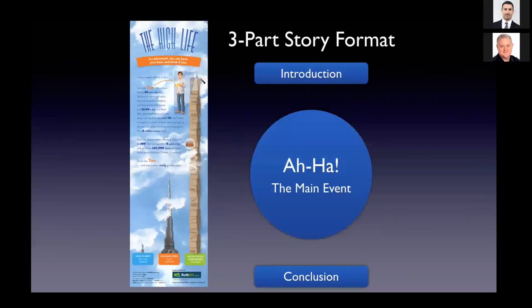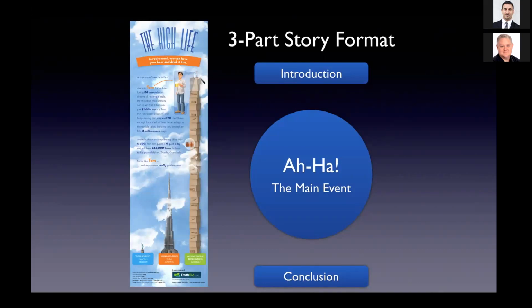So here's an example. This one's called The Tower of Beer. It starts with Tom investing $1 a day at the age of 25, and then by the age of 70, he has amassed this immense retirement fund because he's been investing for so long that he can afford this giant tower of beer. Visually, we compare that to, on the left, that looks really teeny tiny, the Statue of Liberty.